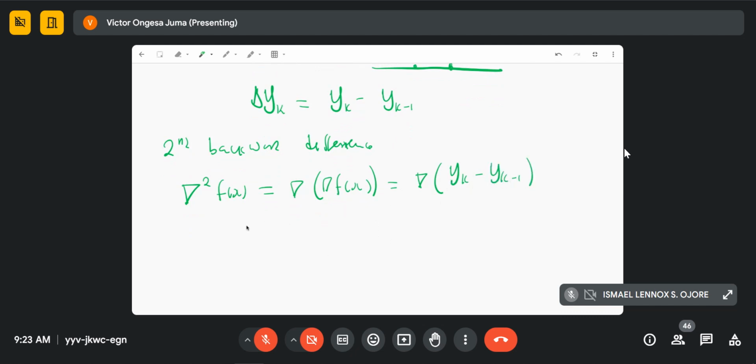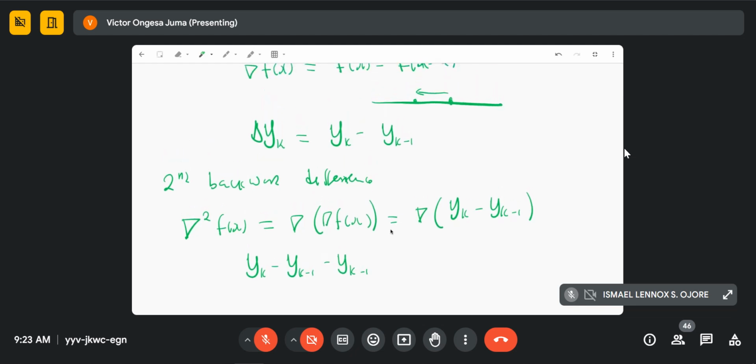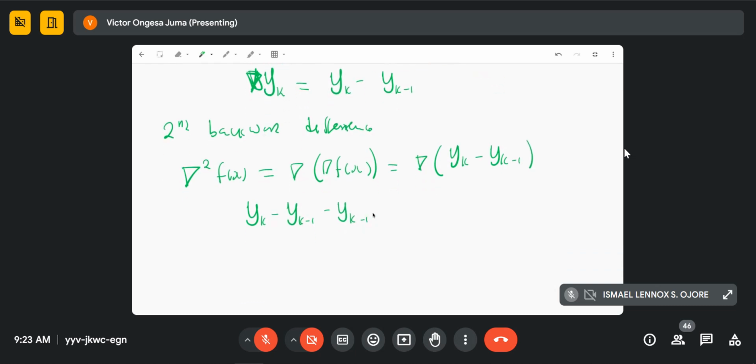If you do this, that will be, excuse me, I think in the previous step you wrote the operator for forward difference. Oh, sorry, okay, so this has to be backward. And then plus yk minus 2.